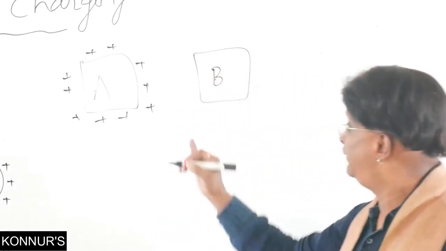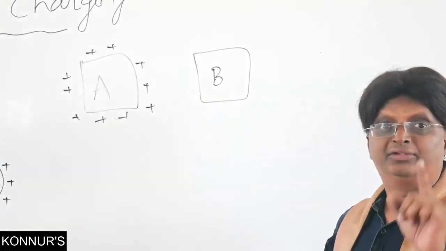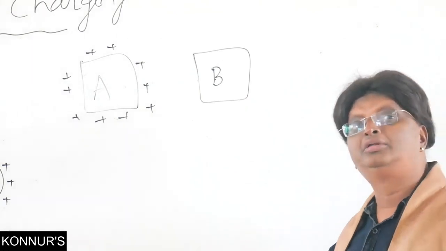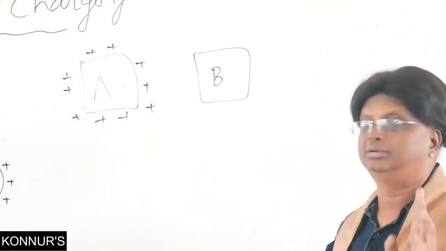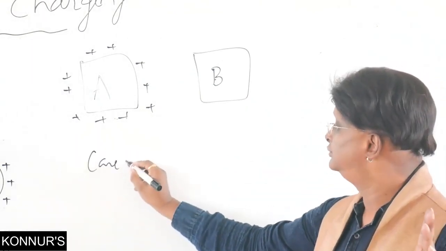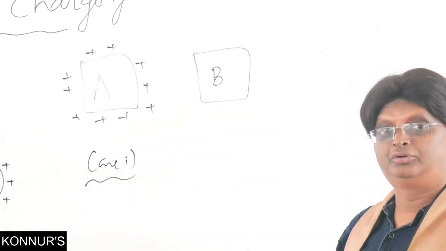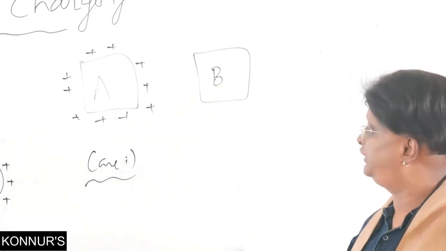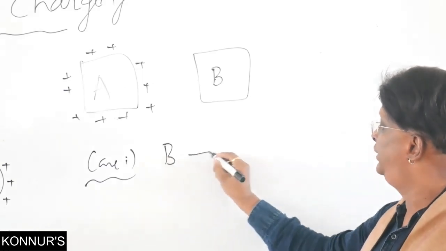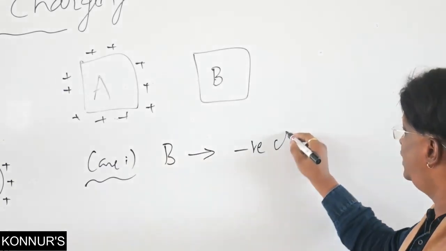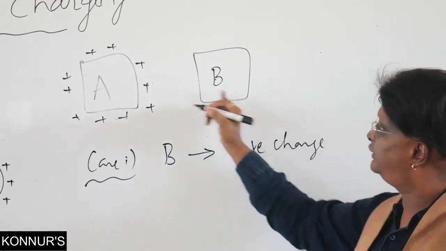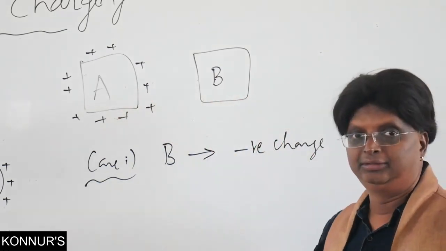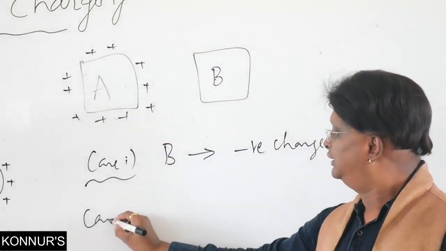Now you see, when A is brought near B, suppose B is also charged, but unlike, in case 1 I am writing, suppose B has negative charge. That is the first possibility, then certainly A attracts B. What is the other case?